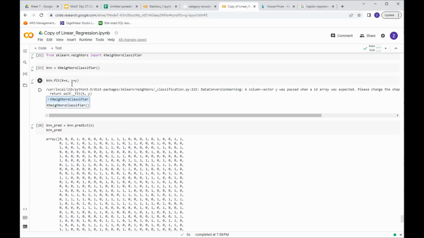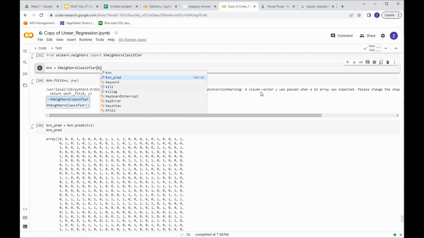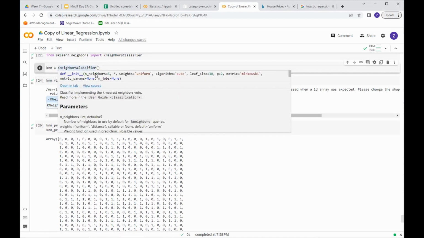Now, in this algorithm, the K stands for how many neighbors you want to use. So if you click here, you can actually pass a parameter K. Is it called K or is it called neighbors? All right, let's read the documentation a little bit on this one. So it's n_neighbors, and the default is 5.